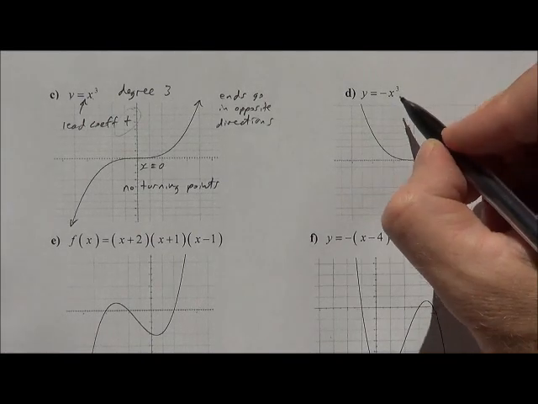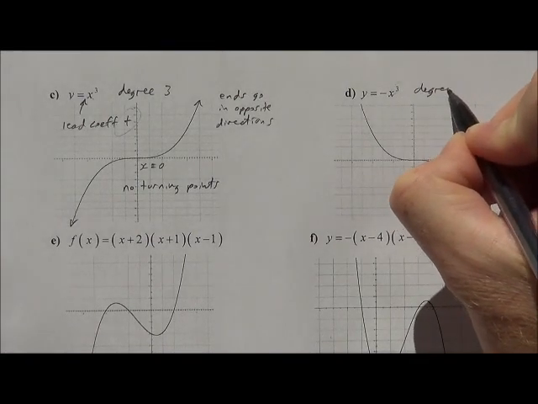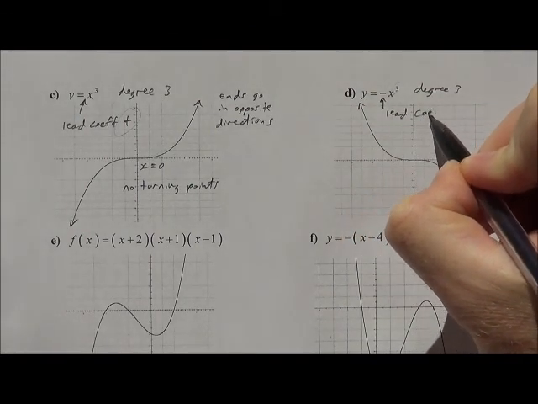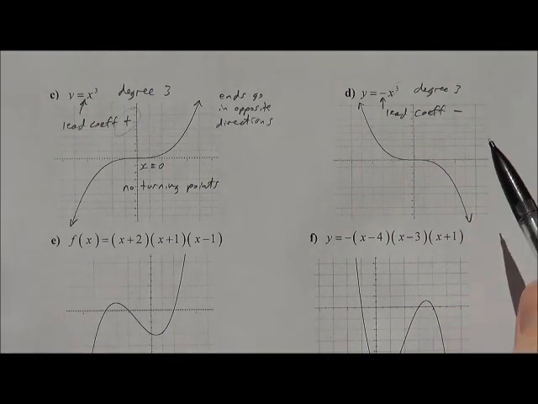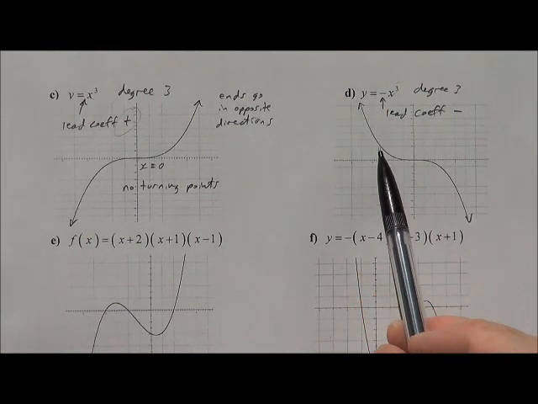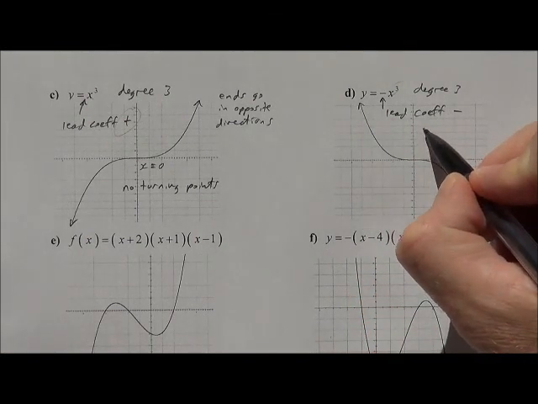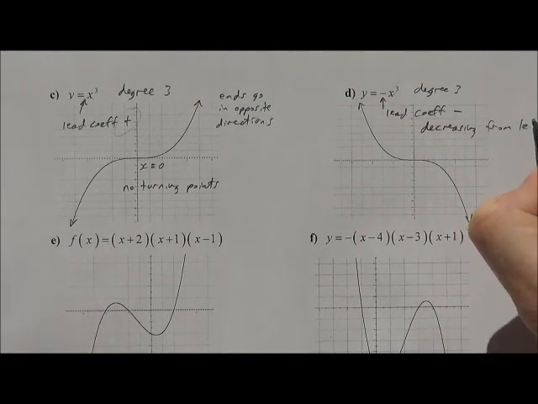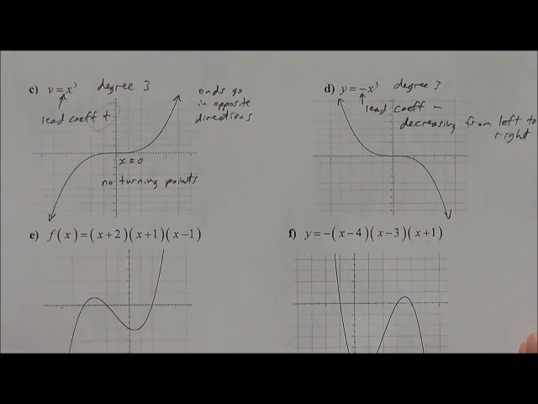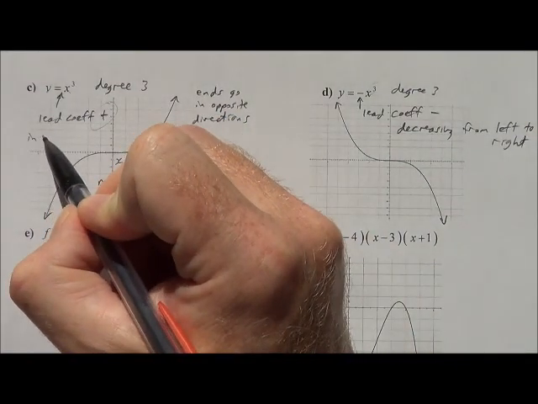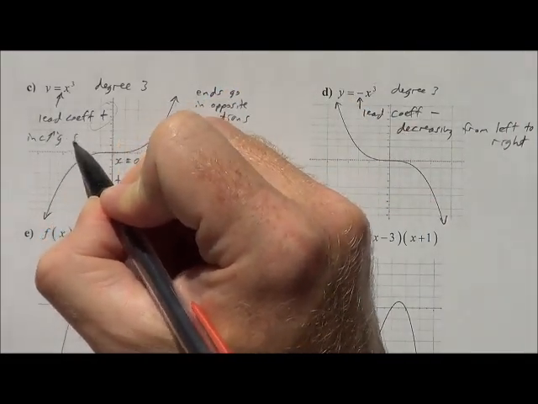Alright, here we have, again, degree 3. The lead coefficient is negative. Now notice, because the lead coefficient is negative, as you follow along the curve from left to right, it's decreasing from left to right. I guess I could have said for part C that it's increasing from left to right.